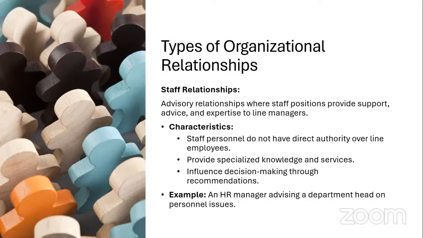This is more like a matrix structure where you have a functional manager doing what he needs to do, then you have a professional who provides the functional manager with advice, support, and expertise. The staff manager does not have authority over the line manager. They are all considered as managers.